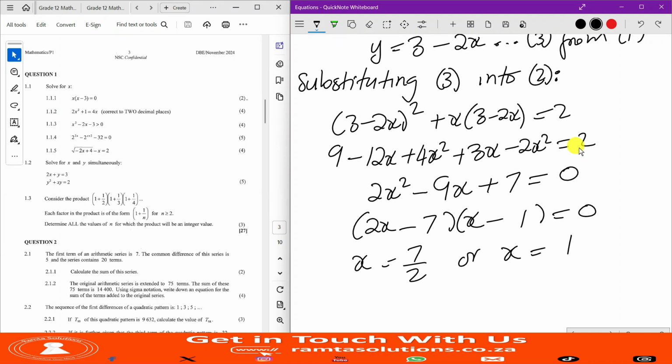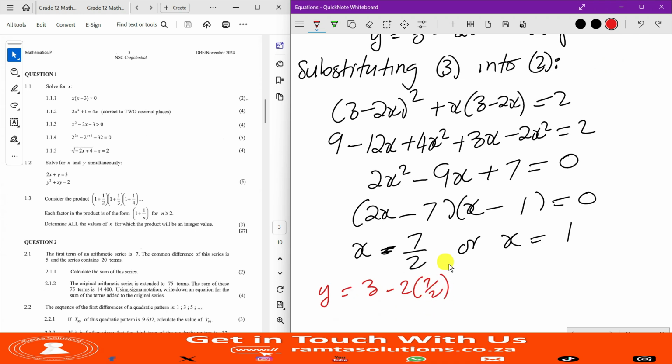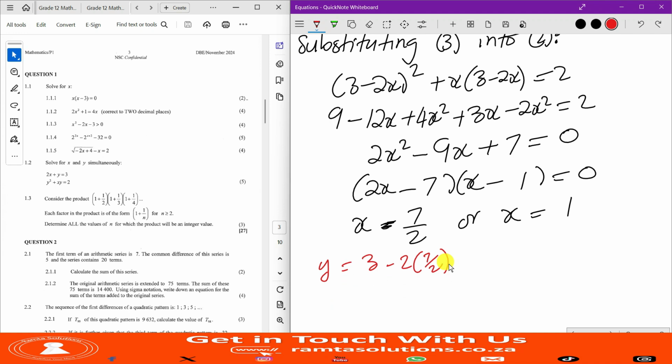So substituting here on equation 3, where there is x, you will put 7 over 2. In other words, y equals 3 minus 2 times 7 over 2. What is this? This is 3 minus 7, so your answer is minus 4.